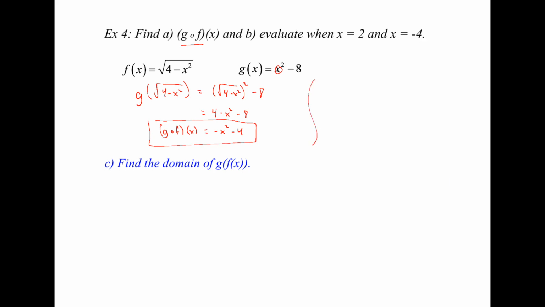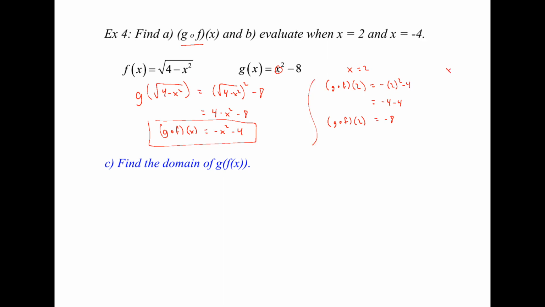Now, the second part of this is to evaluate when x is 2 and x is equal to negative 4. So when x is 2, we're looking for g of f of 2, which is equal to negative, and then you square the 2, minus 4. So that's negative 4 minus 4, which is negative 8. So g of f of 2 is equal to negative 8.